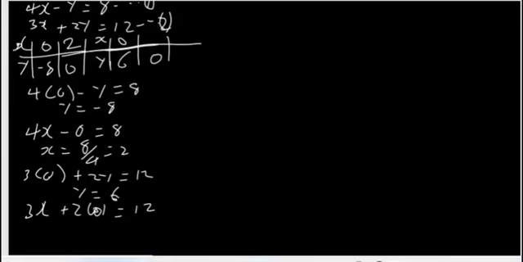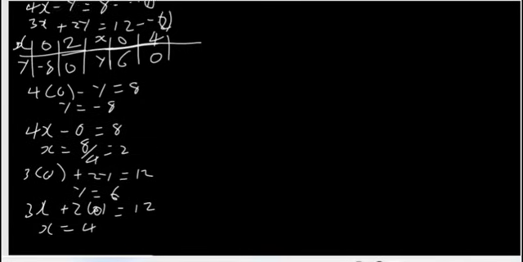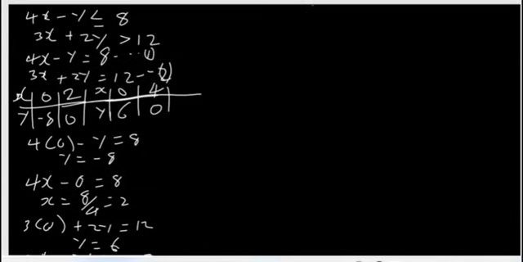So x is equal to 12 over 3, which is 4. So when y is 0, x is equal to 4. So now I have gotten a simple table for the two equations.